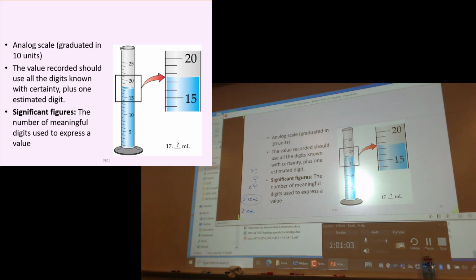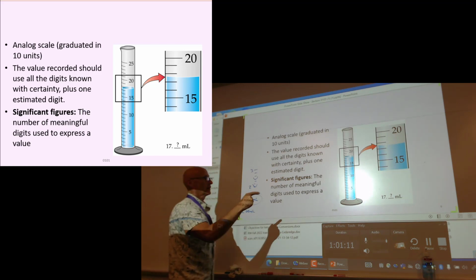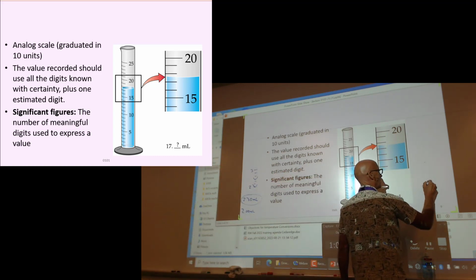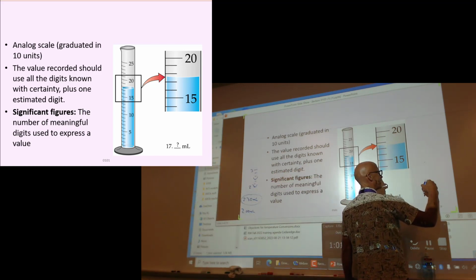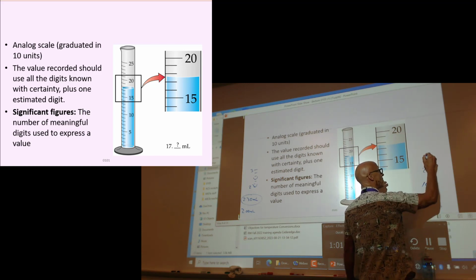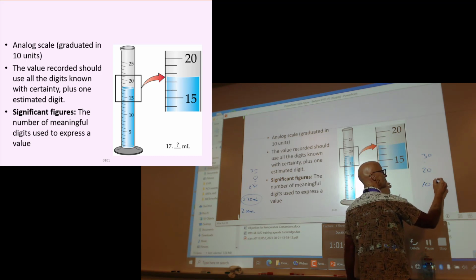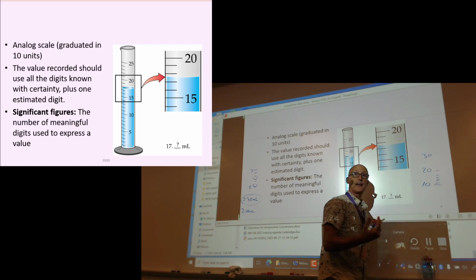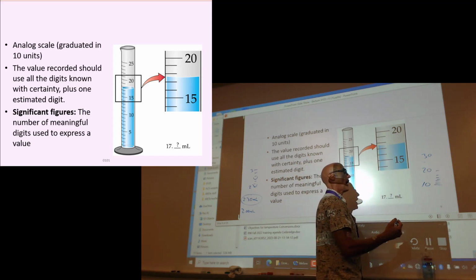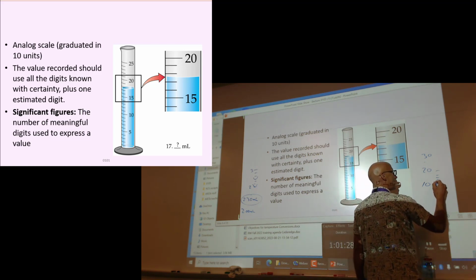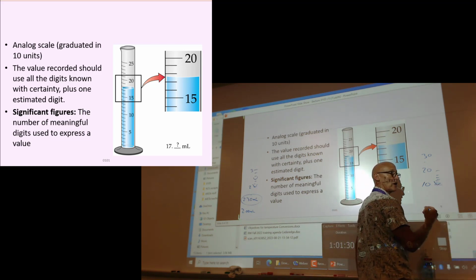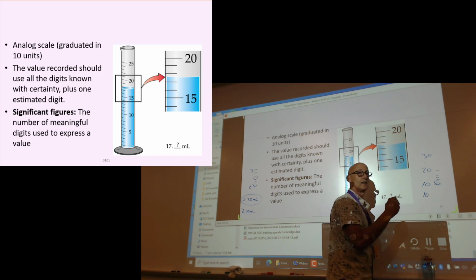Make sense? Graduated cylinder. What are the marks on that graduated cylinder? Help me out. What do they say? It measures 10 milliliters and 1 milliliter. So we got 10 and 11, 12, 13, 14. So it goes 10, 20, 30 like that, and then it has every line in between. Okay, cool. So if I'm hanging out right on the line here, I know that.